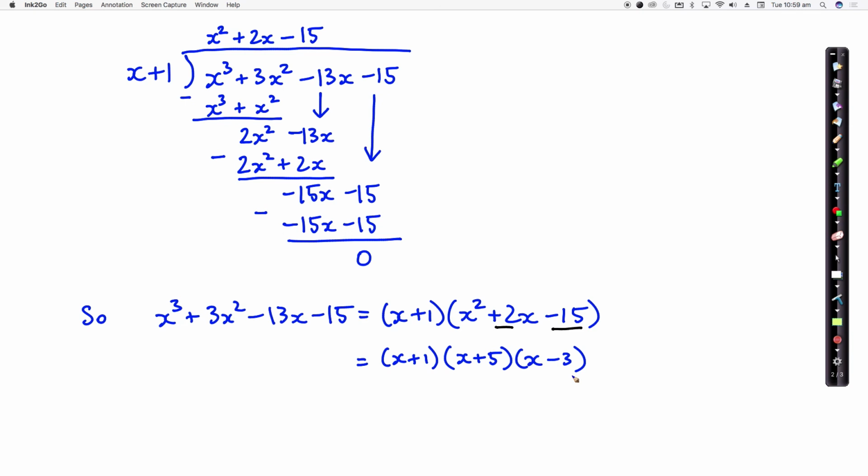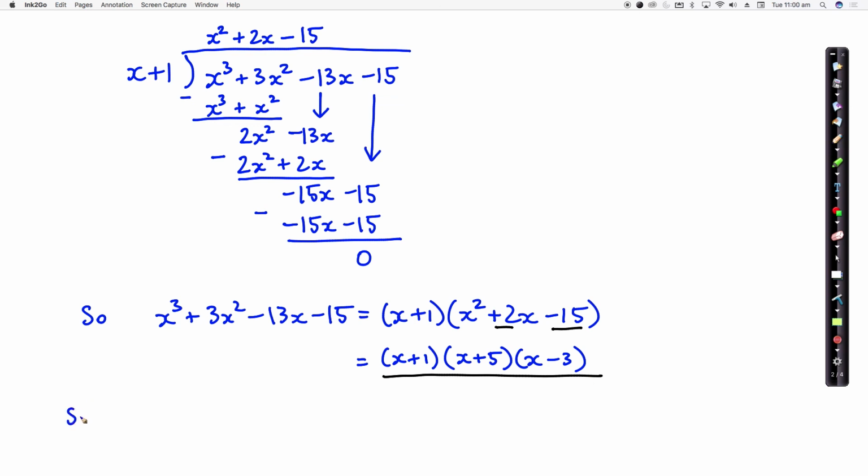And remember, we're solving this cubic to be equal to 0. And so now it's straightforward to write down all the solutions, because now we're thinking about when is this term equal to 0? Well, it's when each of the three terms there is equal to 0. X equals minus 1 we knew about. The other two solutions are now x equals minus 5 and x equals 3.